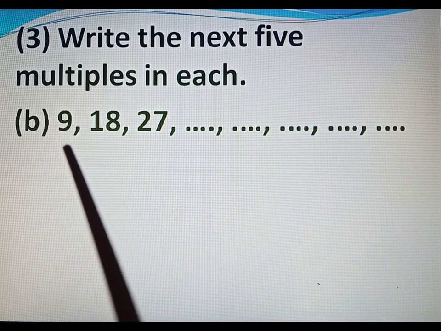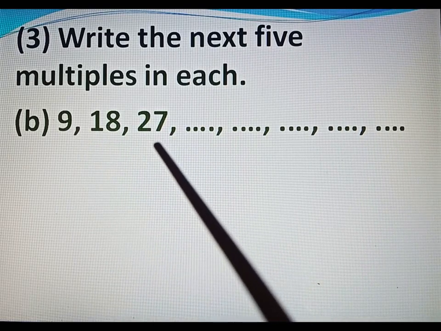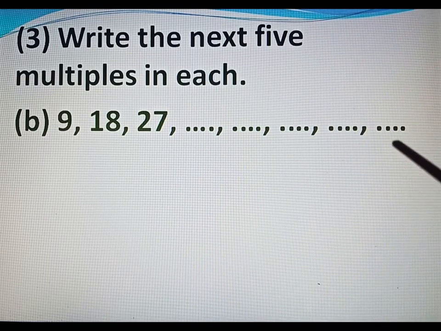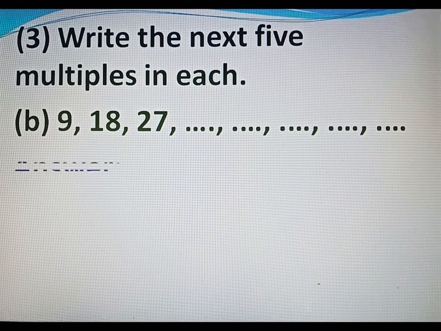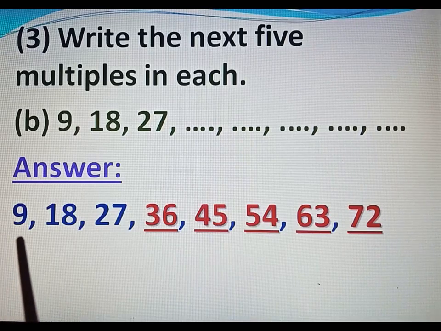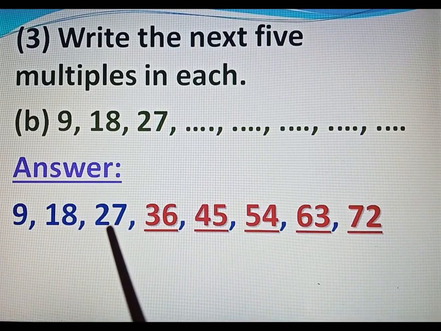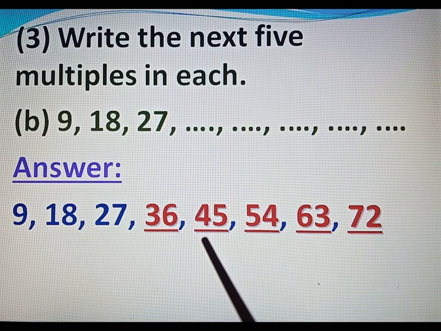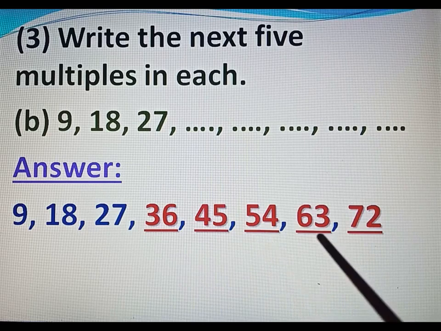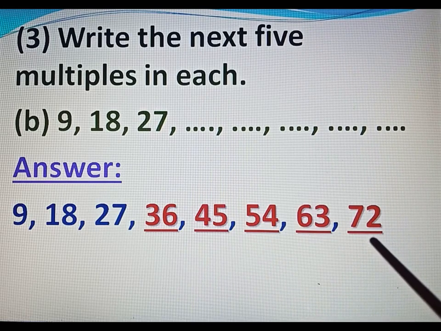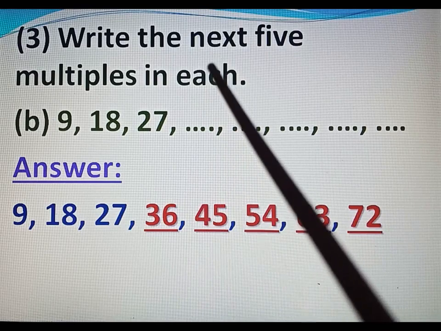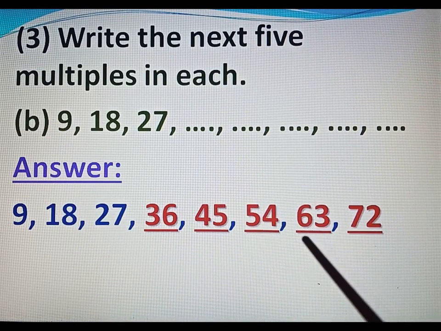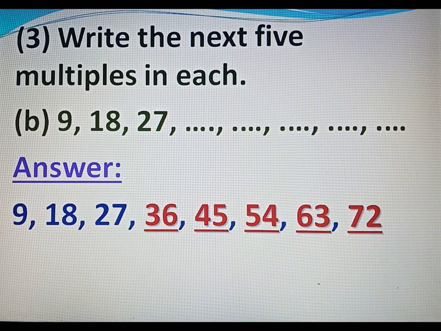Answer: 9 ones are 9, 9 twos are 18, 9 threes are 27, 9 fours are 36, 9 fives are 45, 9 sixes are 54, 9 sevens are 63, 9 eights are 72. Here the next 5 multiples are 36, 45, 54, 63 and 72.